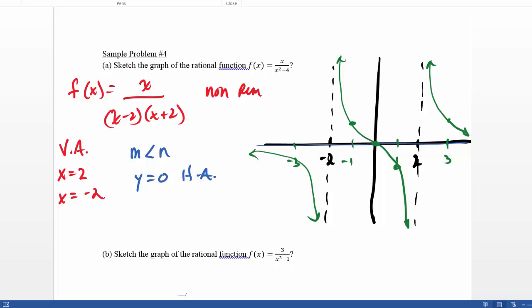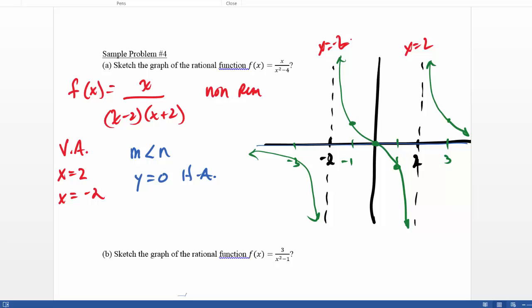So I've started by sketching this out, and you can see I have x equals negative 2 and x equals positive 2 as my vertical asymptotes. Then I double checked my degree values, and I have a larger degree value in the denominator. This tells me that my horizontal asymptote is the x-axis, y equals 0. And so now I have my three regions of the graph to work with.